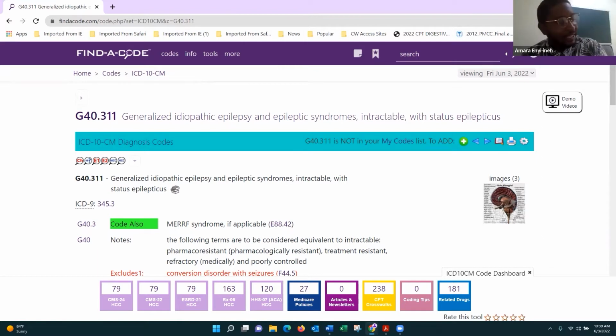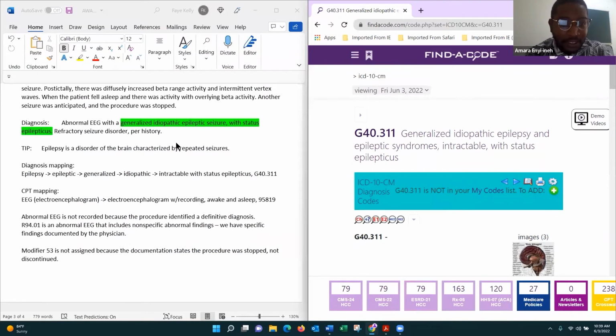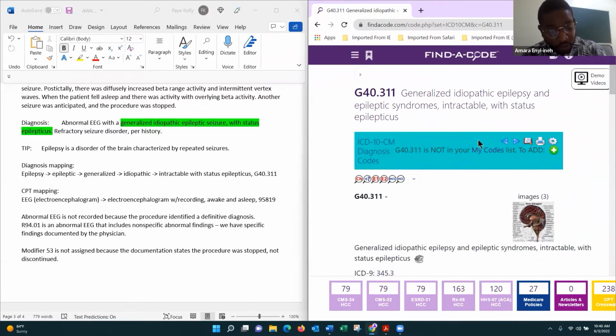Yes, I did. The only thing I went ahead to code was the refractory seizure disorder. I got F45.5, which is conversion disorder with seizure and convulsions.